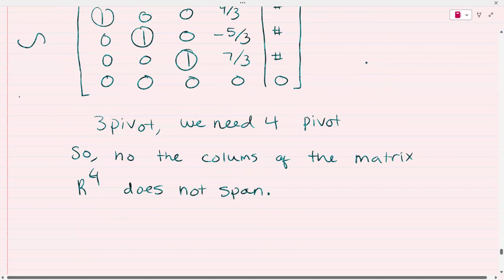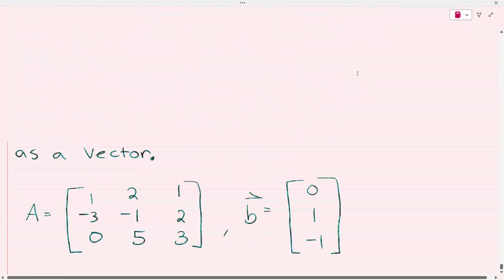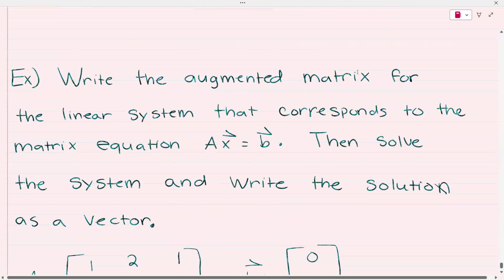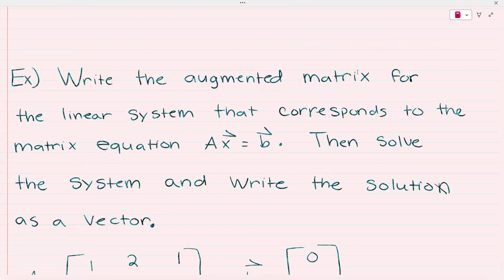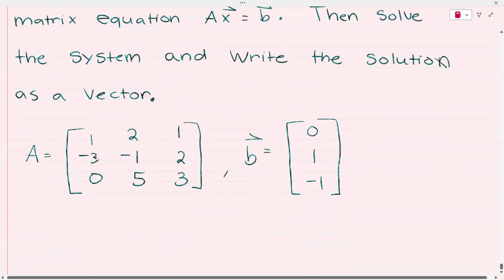Okay, let's continue. In this example, it says write the augmented matrix for the linear system that corresponds to the matrix equation A times vector x equals vector b. Then solve the system and write the solution as a vector. Okay, so we have matrix A and vector b.